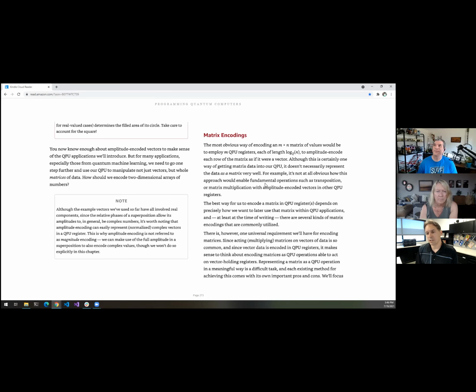So this matrix encoding, with my limited knowledge of matrices, was kind of interesting because I liked where he was going with this. One thing he talks about is, if we have a matrix, and I'm going to relate my graphics and rendering knowledge here, I would use 3x3 matrices all the time. You're multiplying things against each other as you're finding out which direction light is going, or you're rotating, or making something larger or smaller.